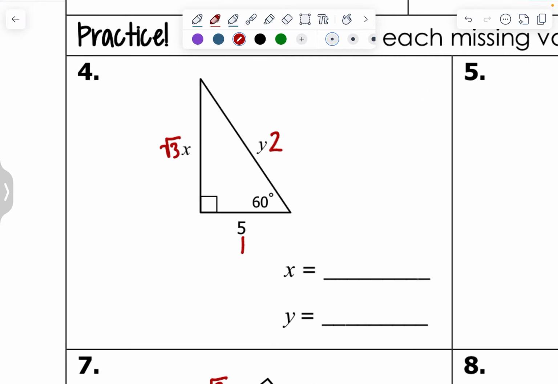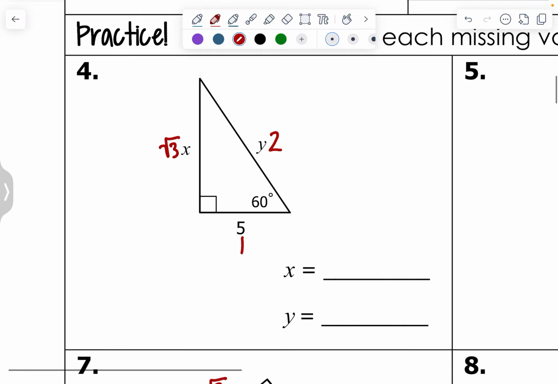So in our first question, number 4, we are going to do x over, what's the rule with x? The rule with x is radical 3 equals given side. The side that we're given, the only side that we know, is 5 over 1.